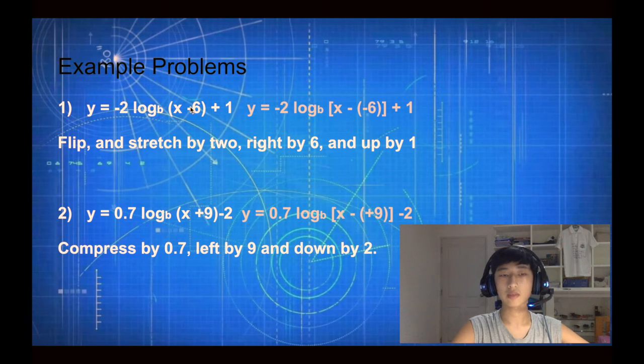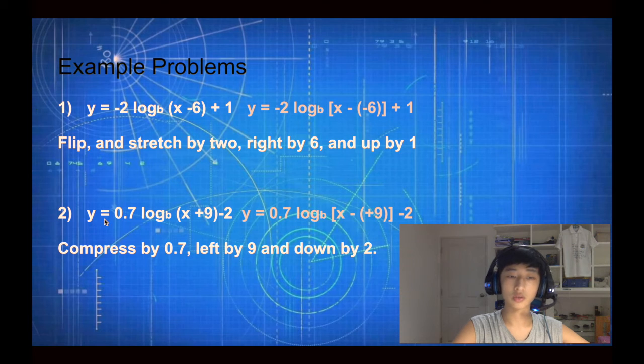If you keep thinking that negative is going to the left, then I suggest you try putting a negative in front when you remember it. What is it when you put a negative in front? Then this is going to be positive 6. Then positive 6 is going to the right. Then you write it down. But this is the real equation. This is just how you can remember it.